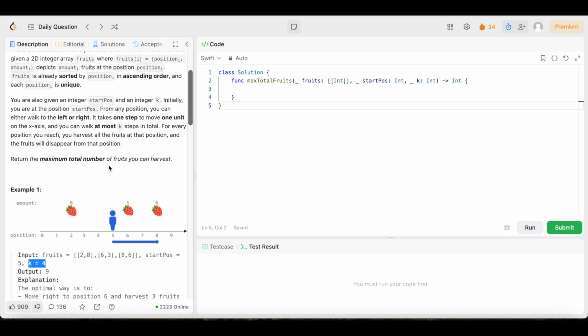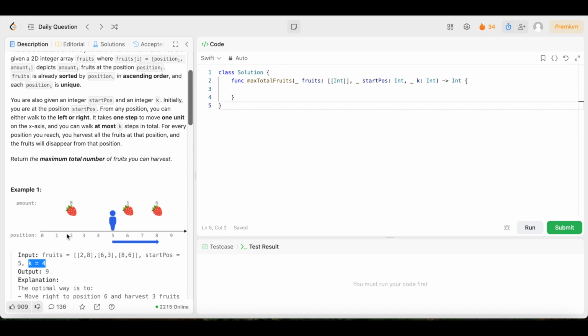So we can move right here to 6 and get 3 fruits, and that's only one step, because remember, it says you can walk at most k steps in total. So we move 1 step and got 3 fruits. Then we move 2 more steps and get 6 more fruits. In total, we get 3 plus 6, which is 9 fruits, and we were able to obtain those 9 fruits in less than 4 steps.